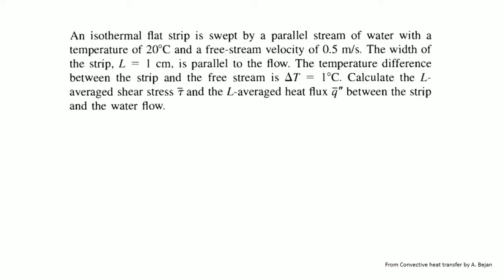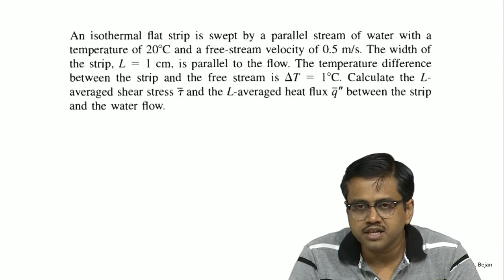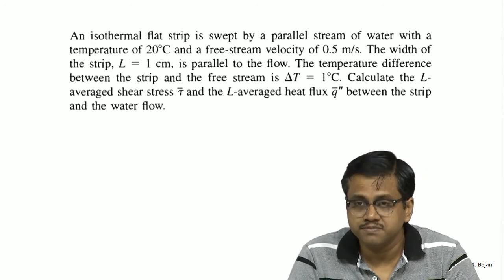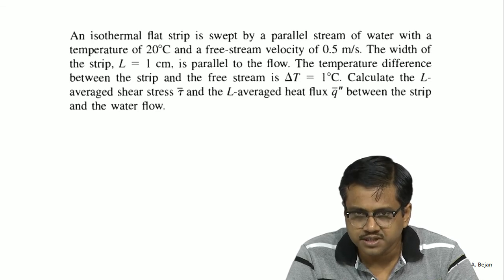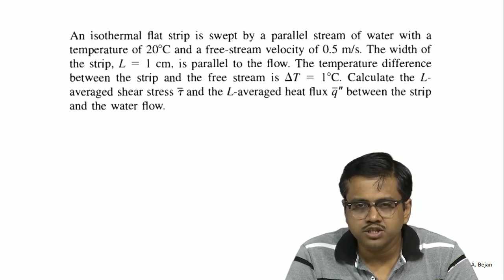The first problem in this series, if you read the problem statement from Adrian Bejan: an isothermal flat strip is swept by a parallel stream of water with a temperature of 20 degrees Celsius and a free stream velocity of 0.5 meter per second. The width of the strip is about 1 centimeter parallel to the flow.